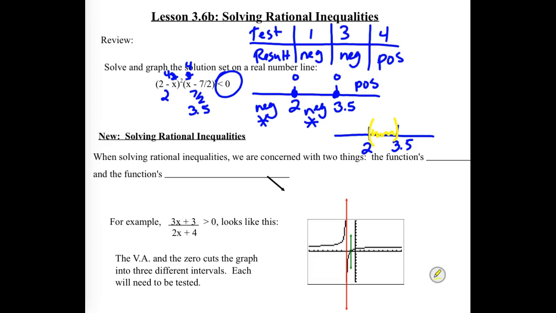And then what else do we want? Anything below the 2, but we can't be at the 2. So we have to use the rounded brackets going in both directions at 2 to show that we're getting really close to that 2, but we can't be there. In interval notation, we would say negative infinity to 2 and jump over 2 and go up to 3.5.